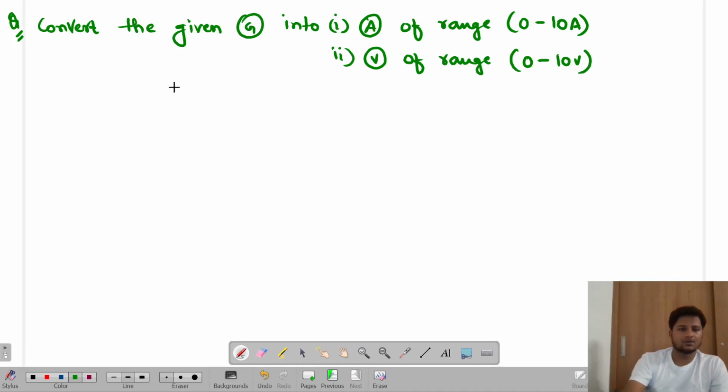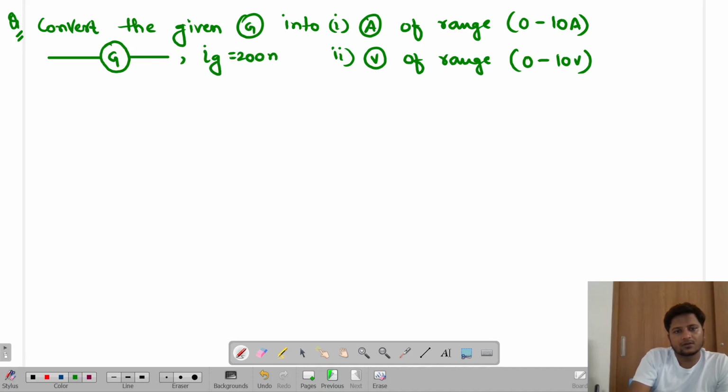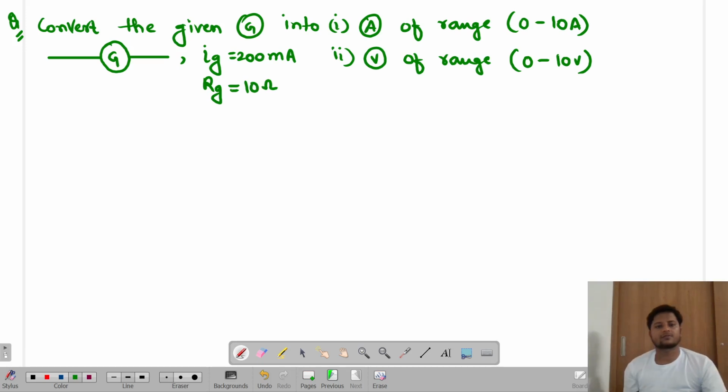If for the galvanometer the maximum deflection current Ig is equal to 200 milliamperes and resistance of galvanometer is 10 ohms. Tell me.